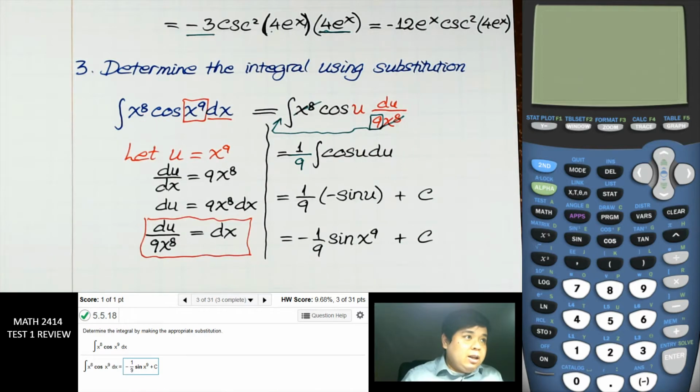So I guess we have to enter sine x to the 9 power, close parentheses.